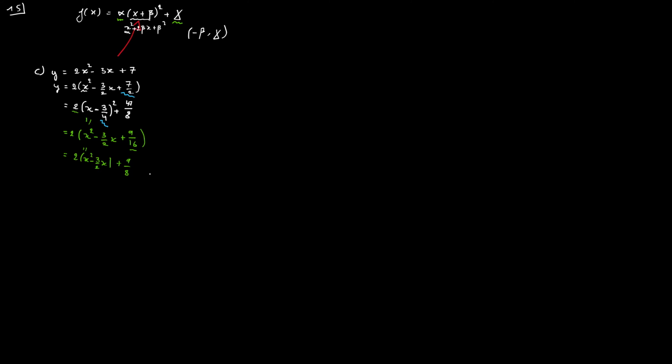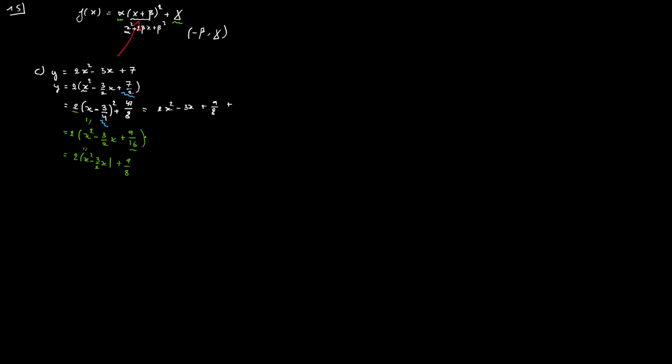You add 47/8 to the other thing, and you will see you end up with the same thing. So now we can write this entire thing out, and let's see if it's truly the same. So you get 2 times x squared minus 3x plus 9/16 plus 9/8, because it's still times 2.